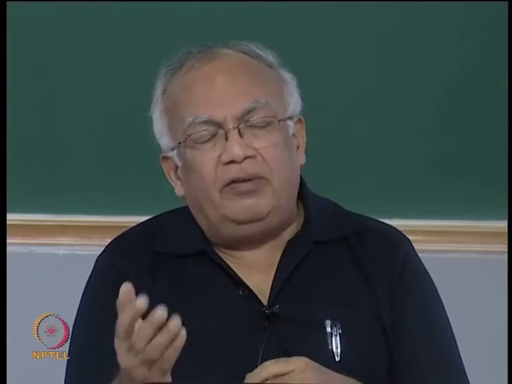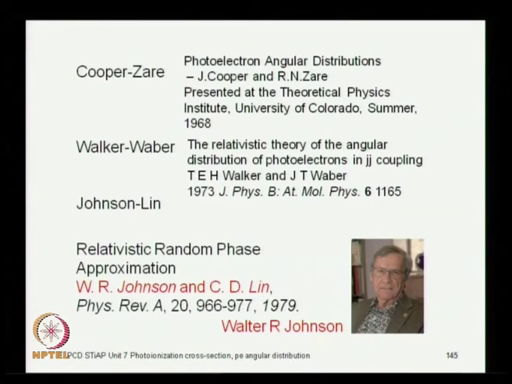Okay, when you have a many body problem, you do not have exact solutions. One very powerful technique to include the electron correlations, even if it is not exact, is the relativistic random phase approximation developed by Johnson and Lin, and you will find the expression for the angular distribution asymmetry parameter in this paper by Johnson and Lin.